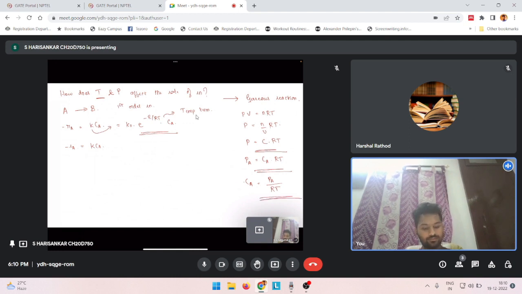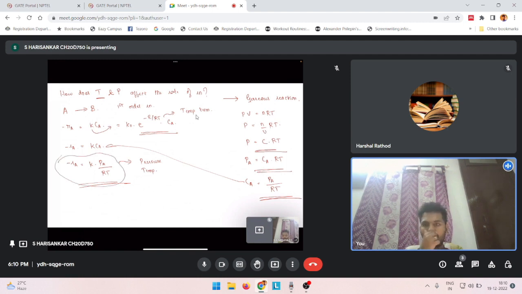Okay, so just substitute this CA here. So minus rA will be what? k into CA, and CA is PA by RT. So now you have both the pressure term as well as the temperature term, right? So that means what?